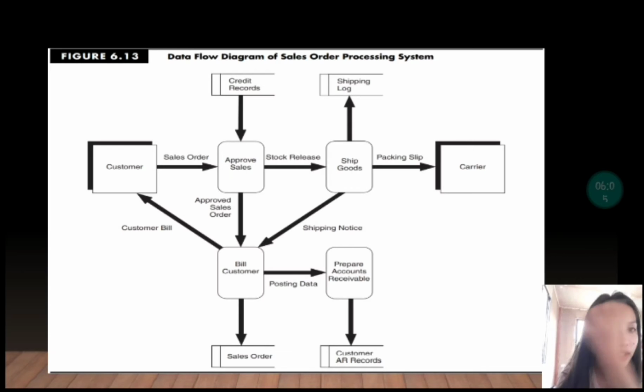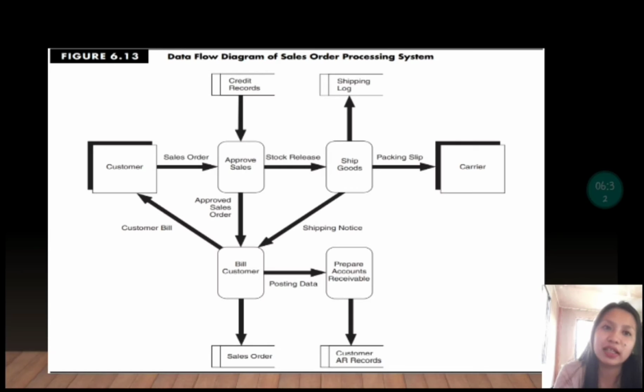As you have noticed, there are verb words there: approve, ship, bill, and prepare. These are descriptive verbs, and that is the process. For the data store names, we have the credit records, shipping log, customer AR records, and sales order. So this is where they store the data.